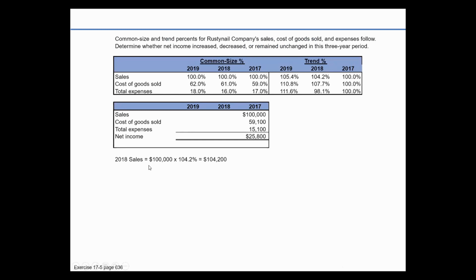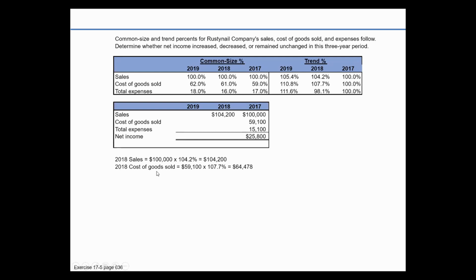So 2018 sales would be 100,000 multiplied by 104.2%. That would be the trend percent. So trend percent is over time. So we know that 2018 sales would have been 104,200.